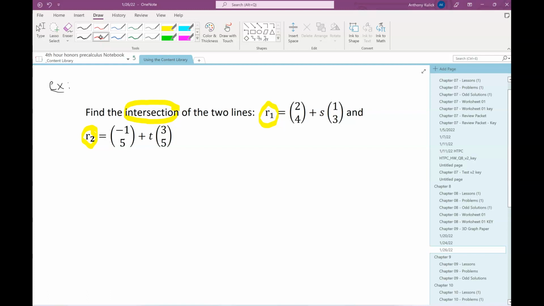So what I'm going to do is I'm going to think about R1 as the point vector xy. And I'm going to do the same thing for R2.